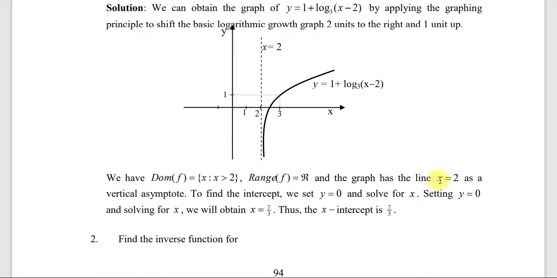And the graph has a line x which is equal to 2 as a vertical asymptote. To find the intercepts we set y which is equal to 0 and solve for x. Setting y which is equal to 0 and solving for x, we obtain x which is equal to 7/3. Thus the x intercept is 7/3.